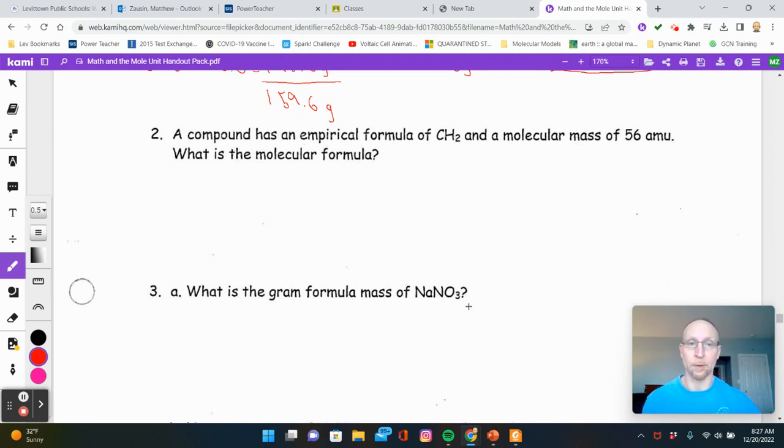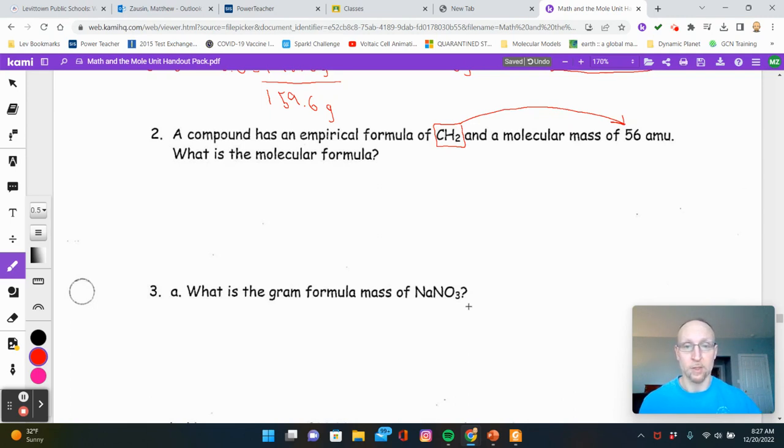Number two: a compound has an empirical formula of CH2 and a molecular mass of 56 AMU. What is the molecular formula? This is when we have to figure out how much the building block weighs and then how many blocks it takes to make the whole thing. That's determining the molecular from the empirical.